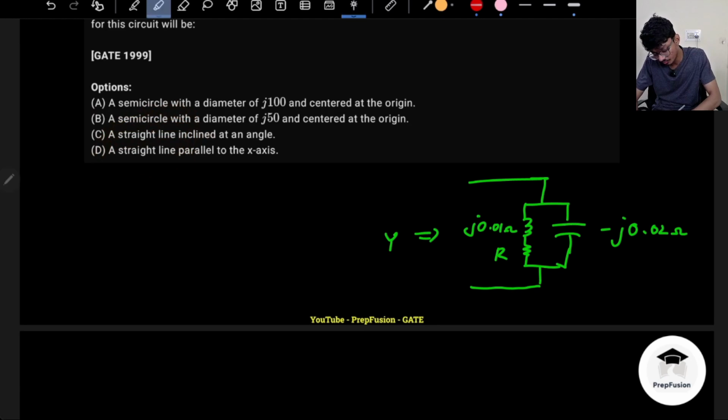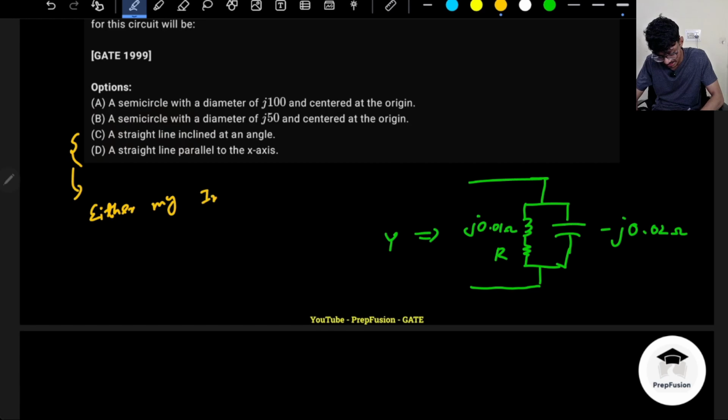Straight line happens when either the imaginary part of the locus, whatever I am plotting for, or the real part is fixed.